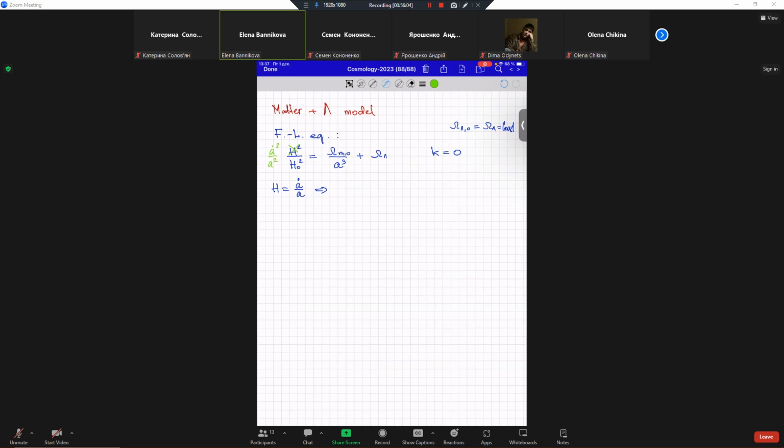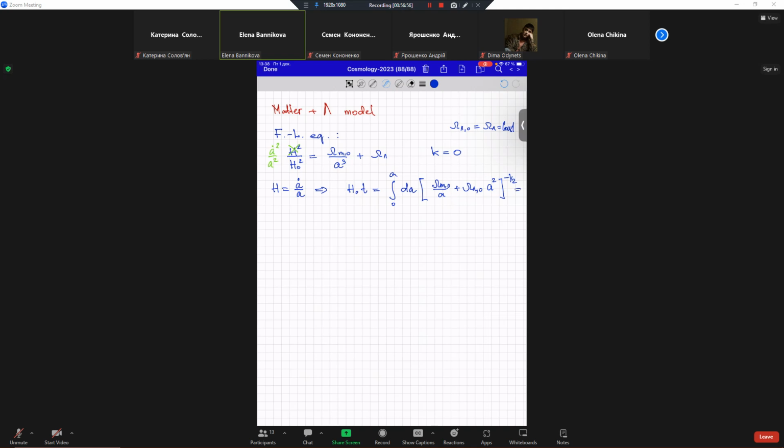So H in this case, I will have like this: H0 t equals, I already integrate on the left side from 0 to some t, equals the integral dA of omega m0 divided by a plus omega lambda 0 a squared, because I need to move this a squared, to the power minus 1 divided by 2. And I want to take it from 0 to a.